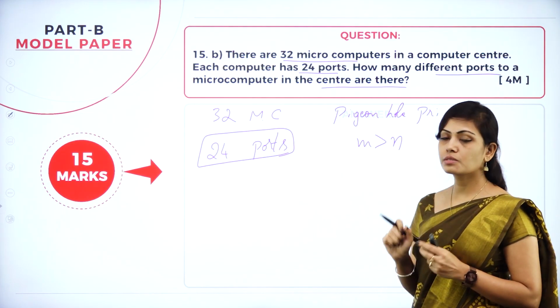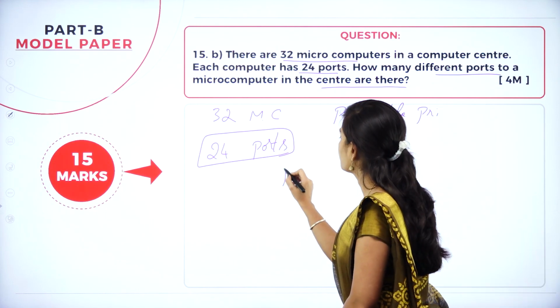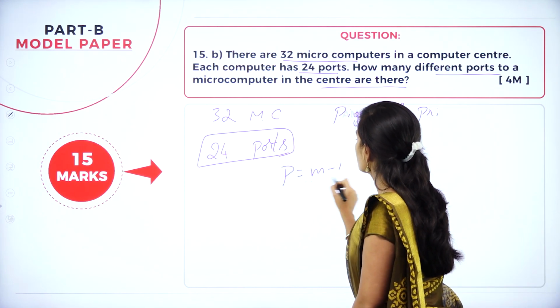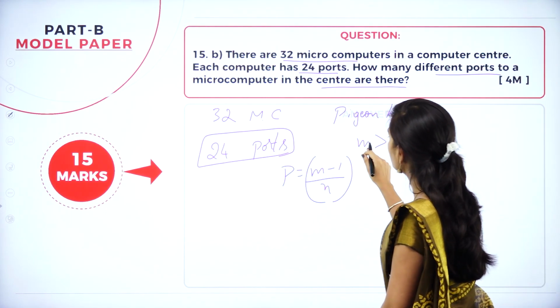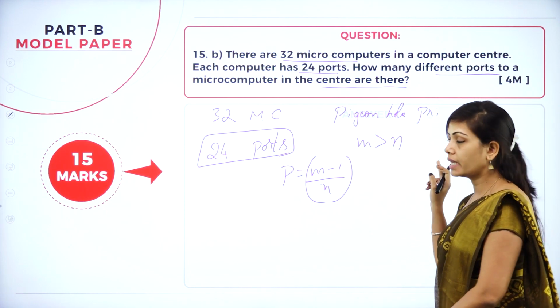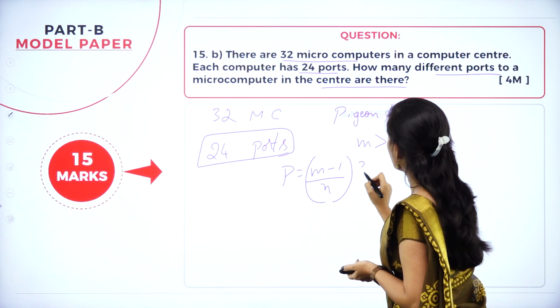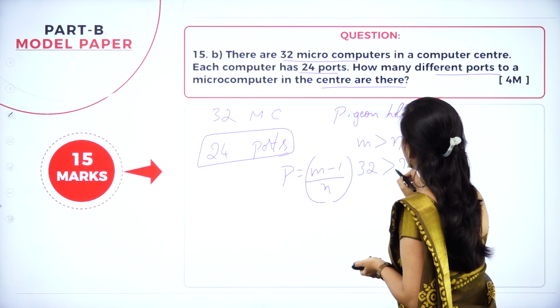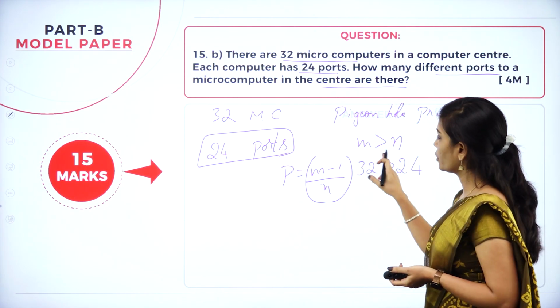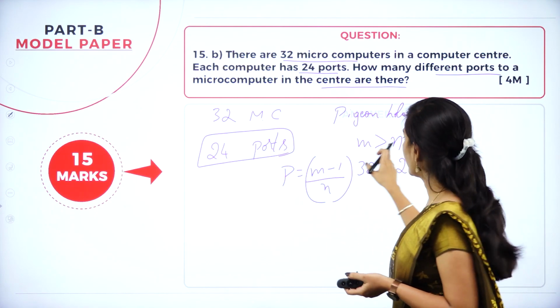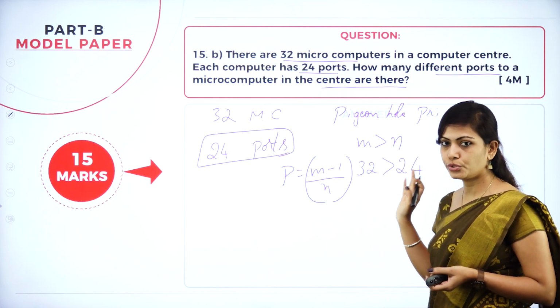So just use this pigeonhole principle. We have to use p is equal to (m minus 1) by n. This is a formula. So now m is greater than n, that is, the number of computers is greater than the number of ports. So m is equal to 32 and n is equal to 24.